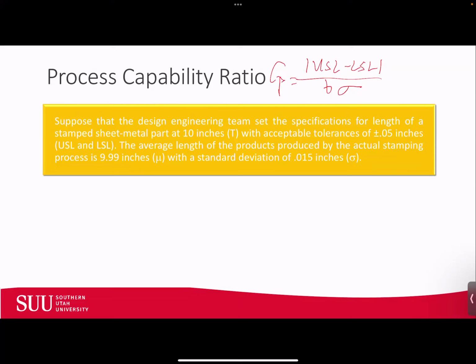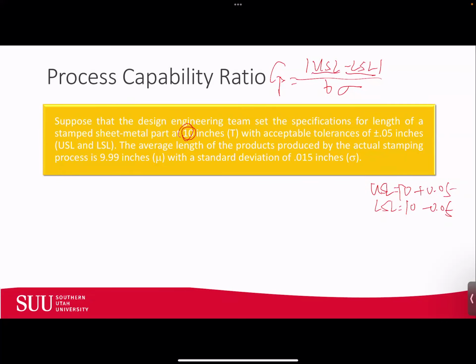Okay. So the upper limit here equals the target value, which is your design, 10. So we have 10 plus the tolerance, while the lower limit is 10 minus 0.05. So this is how we find this. Now what is sigma?